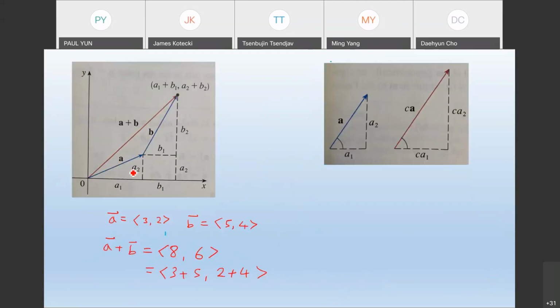Check this out. Think of vector A as A1, comma A2. Think of vector B as B1, comma B2. So really A plus B is really A1 plus B1, A2 plus B2.